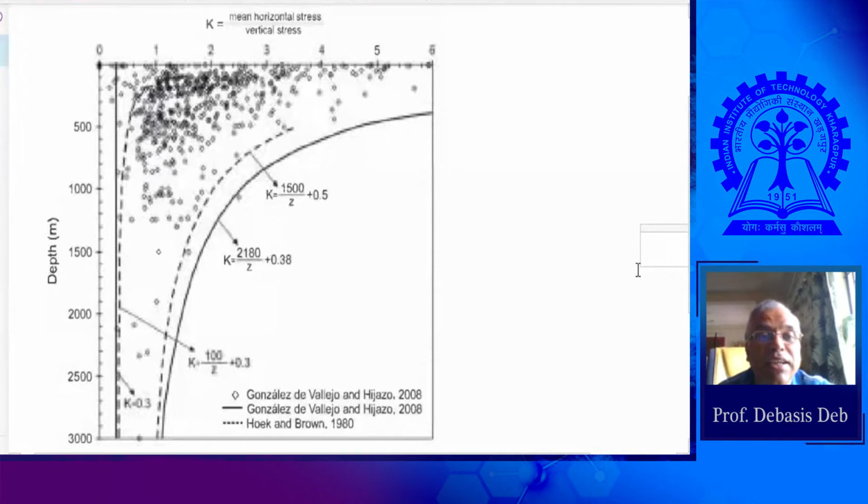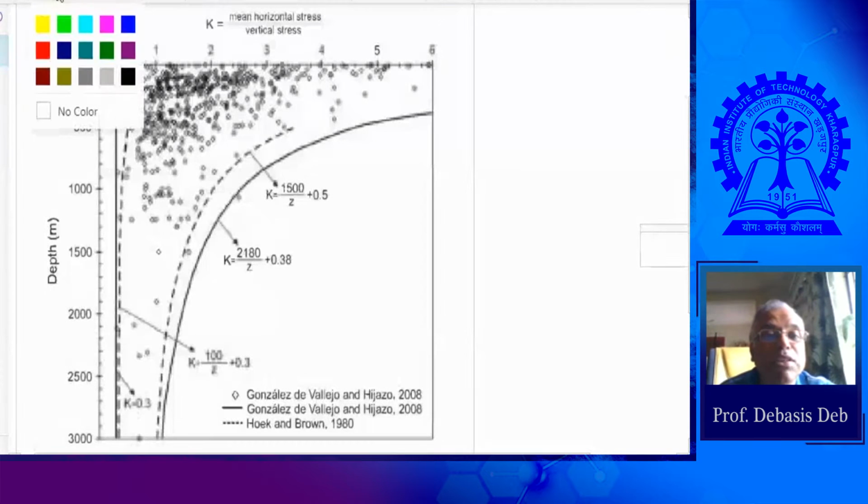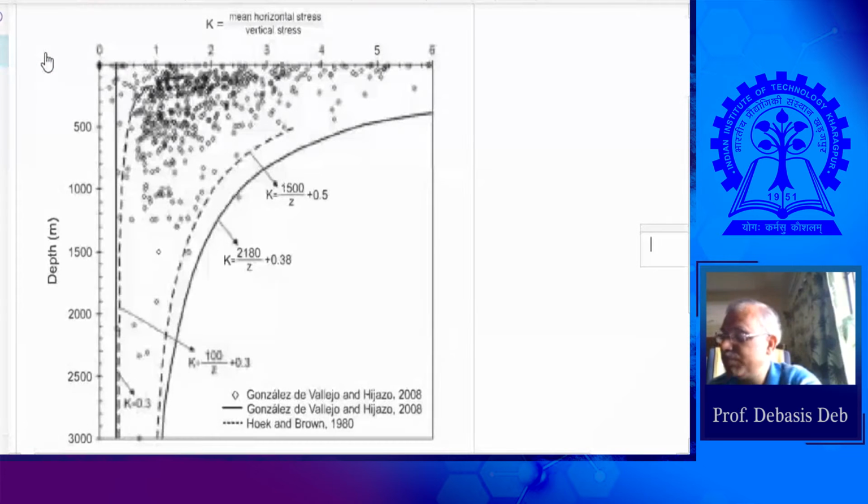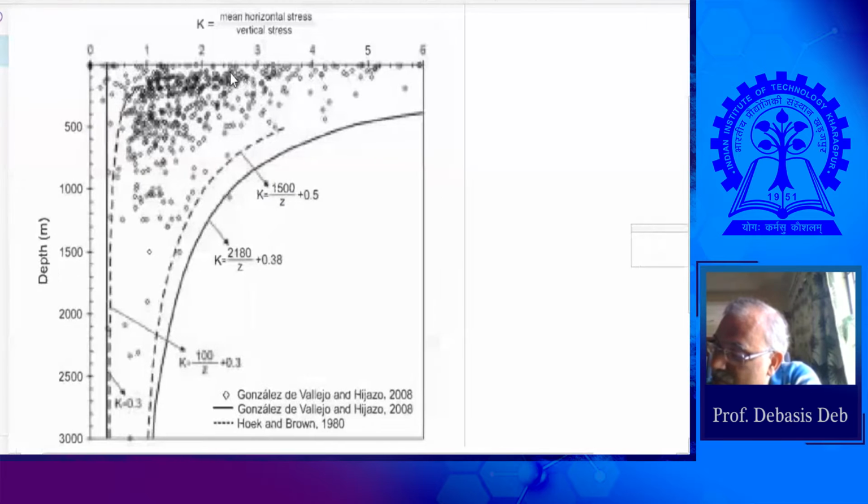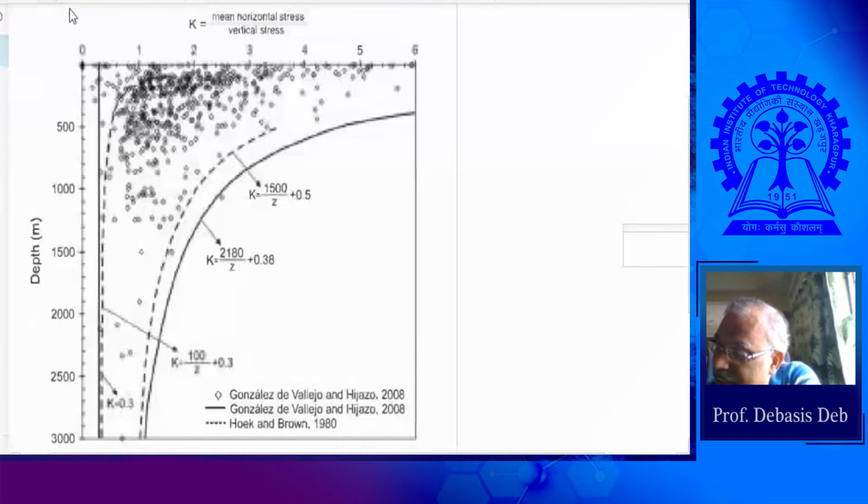Today the network is a little slow, so everything is opening very slowly. So you see all these points which are given here.